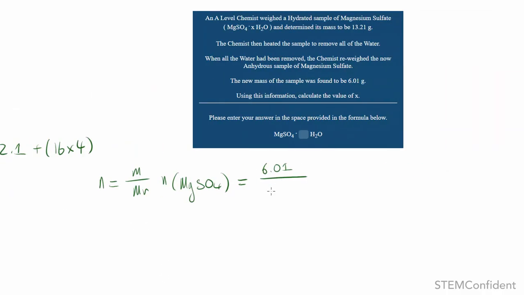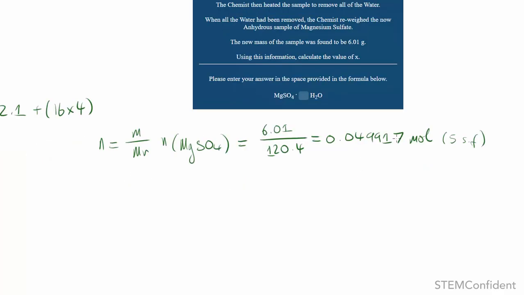So in this case, it's 6.01 divided by 120.4, and that's equal to 0.04917, and that's in moles, to five significant figures.